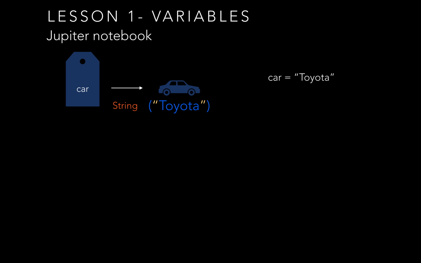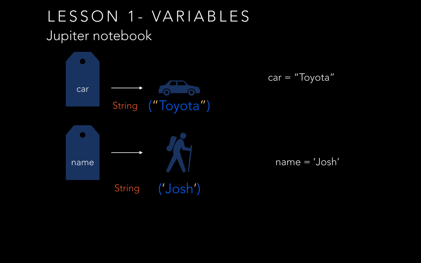For example, car equals Toyota. So let's look at variables as some kind of similar to name tags. In this example, we see that we have double quotes. So we have quotes here, which means this is a string.